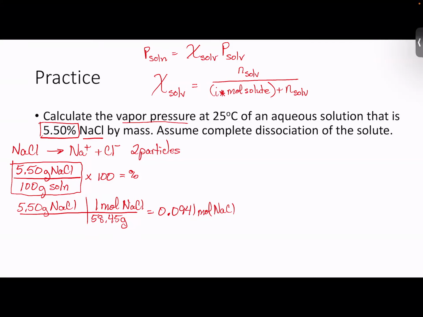So you have to take the fact that grams of solution is equal to the grams of solute plus the grams of solvent. So 100 is equal to 5.50 plus the grams of solvent, meaning that our grams of solvent is 94.5.